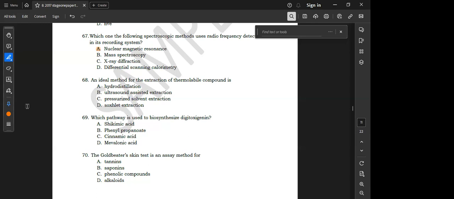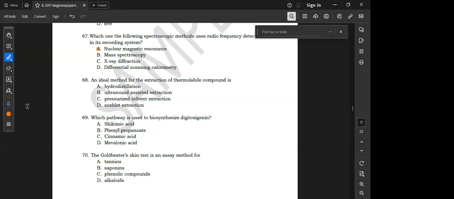Wait, pressurized solvent extraction: the principle involved in this technique is that the application of high pressure maintains the solvent in a liquid state beyond its boiling point. So why wouldn't we use that?